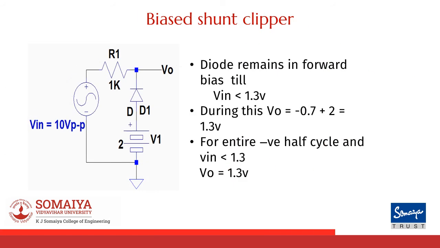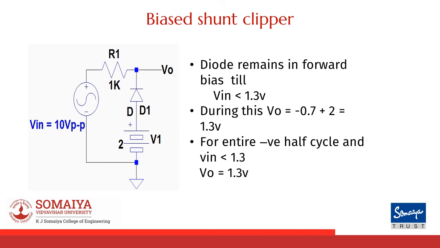Now let's see a bias shunt clipper. Like in the case of the bias series clipper, we will try and find out the input voltage for which the diode will remain in forward bias. As you can see, the anode of the diode is connected to a plus 2 volts battery. We would require a 0.7 volts drop across the diode for the diode to turn on. So Vin that should be applied should at least be equal to the diode drop minus 2 volts.